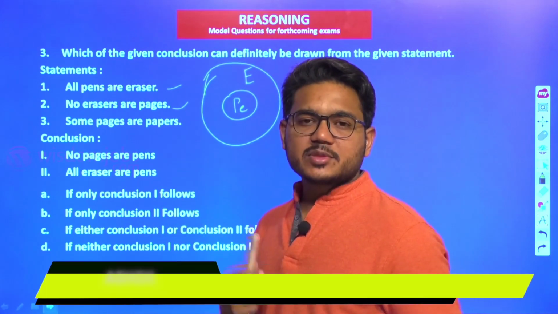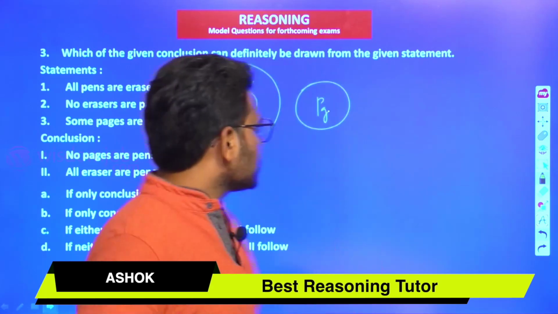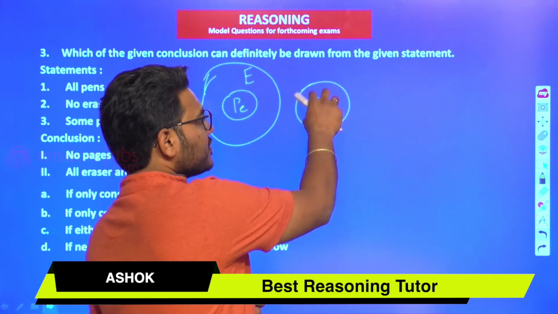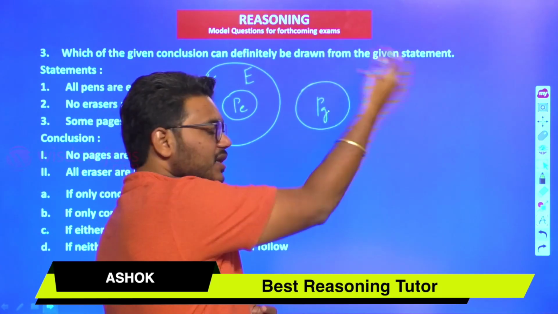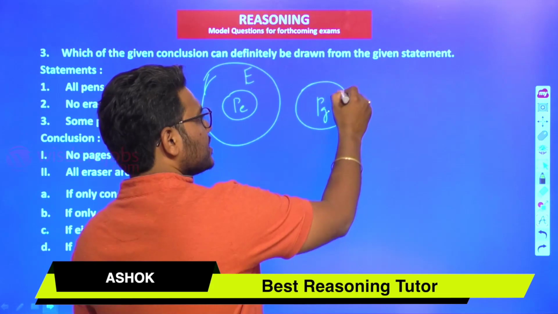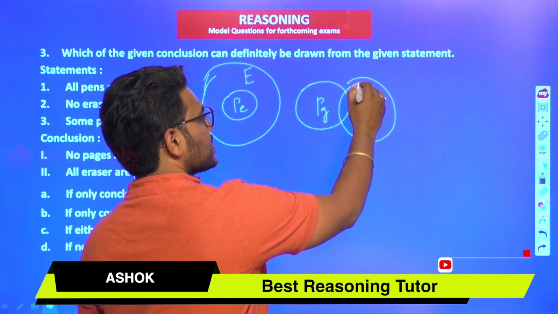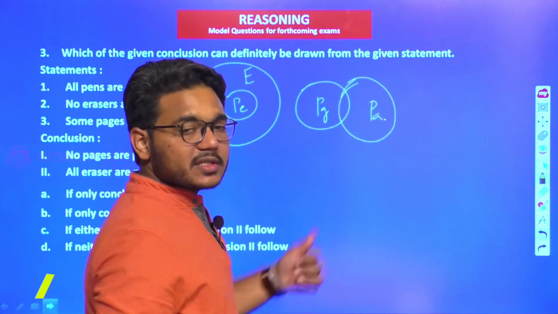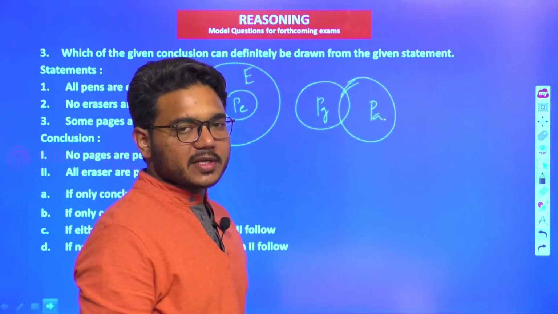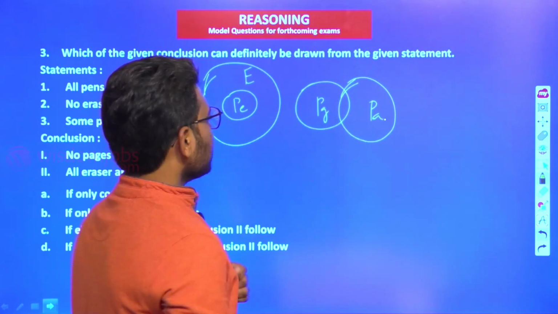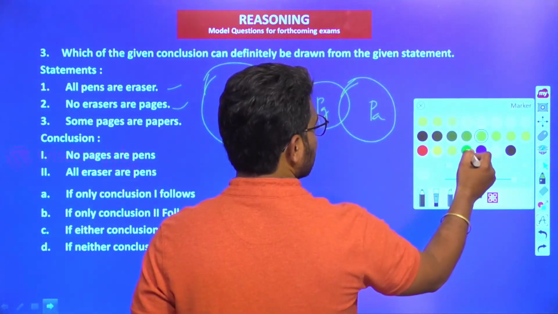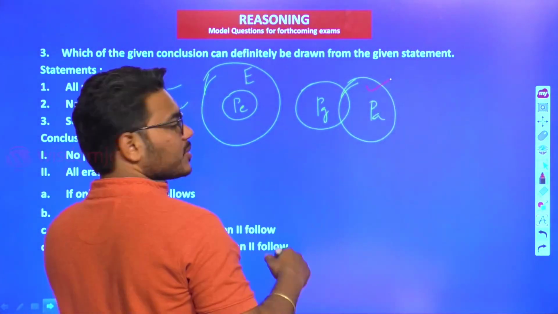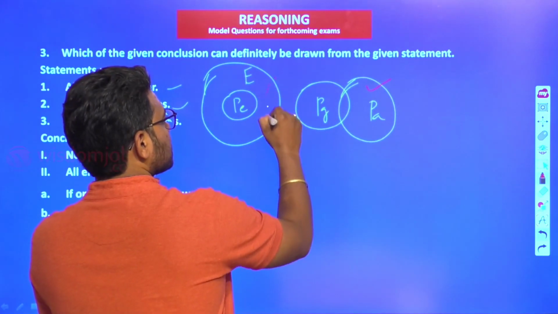So possibilities may be many things. Suppose this could be the possibility, some pages are papers. So some part of these pages could be papers. Okay, so that I can draw like this. So this I can put like this, paper PA, I am writing it as. So the same paper, if you see, this is red color I am representing now.